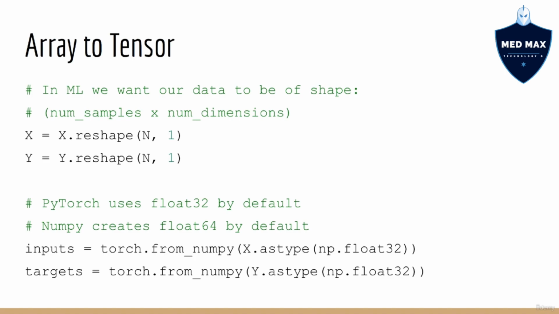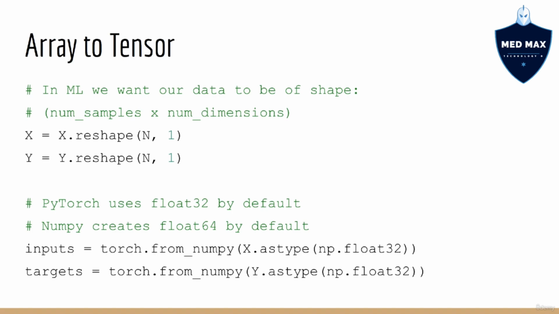This applies even for the targets, which is not the case in libraries such as Keras or scikit-learn, so be aware of that. Second, PyTorch is really picky about data types. It won't allow you to multiply a float32 by a float64, which is also known as a double, so you have to be mindful of this also. By default, if you don't specify anything, PyTorch will create all your variables as float32s. In NumPy, if you don't specify anything, your arrays will be float64s.